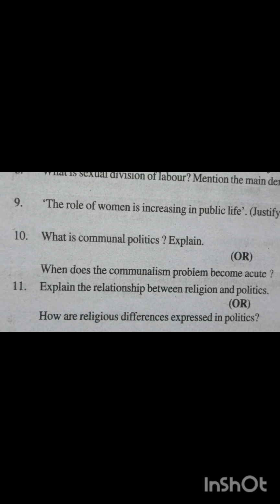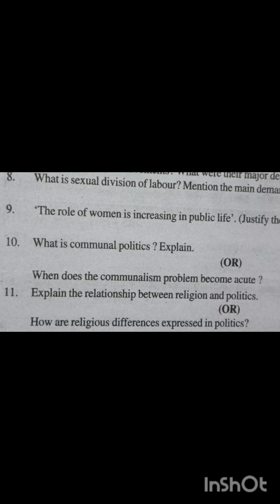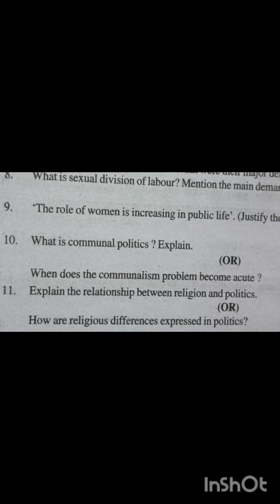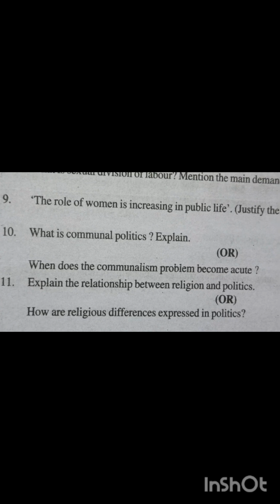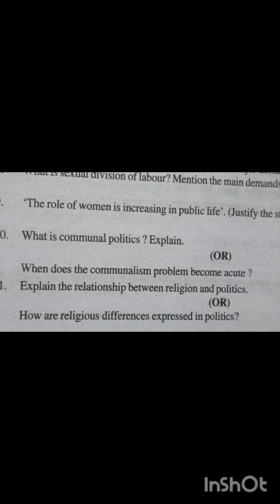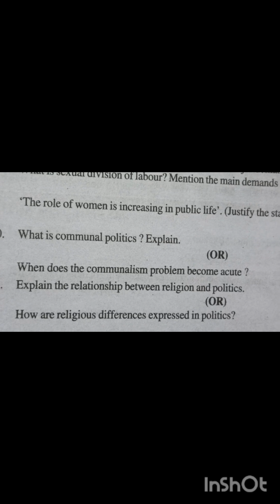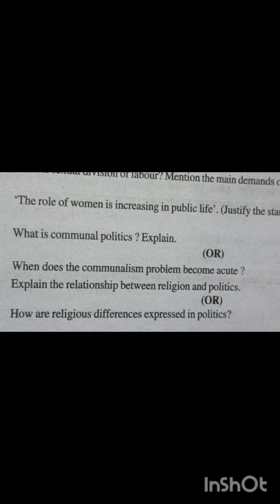Or when does the communalism problem become acute? Eleventh one, explain the relationship between religion and politics. Or how are religious differences expressed in politics?